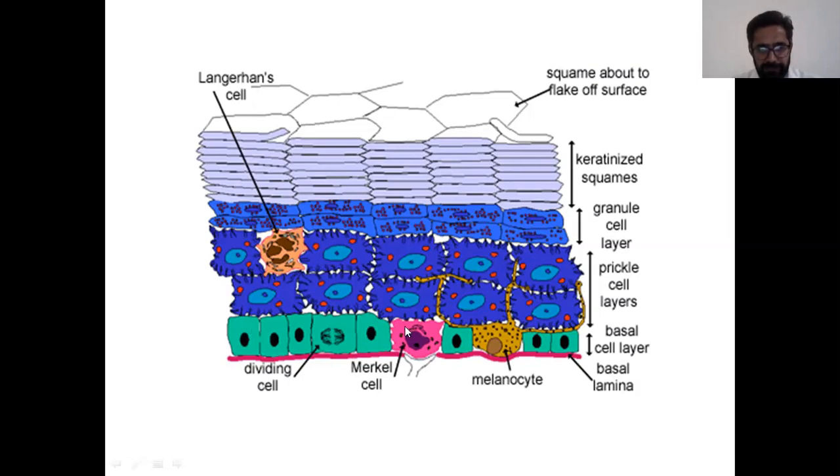Above that, the first layer of cells, which are present in green color, are basal cells, the basal cell layer, stratum basale.